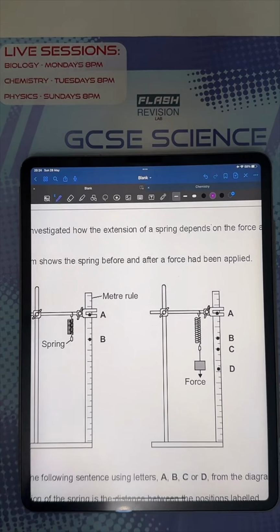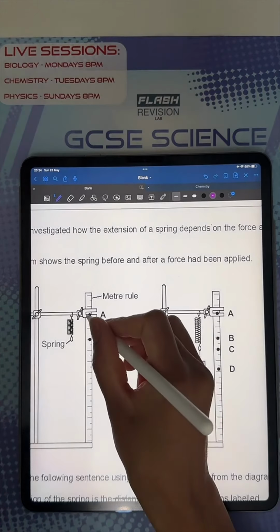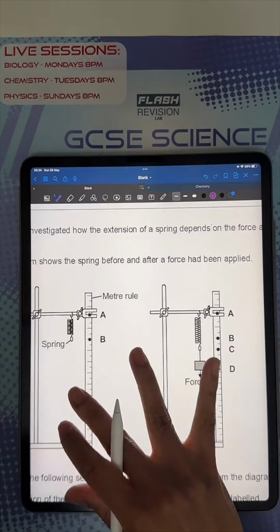So people get confused with this. So look at the original length of the spring, yeah?